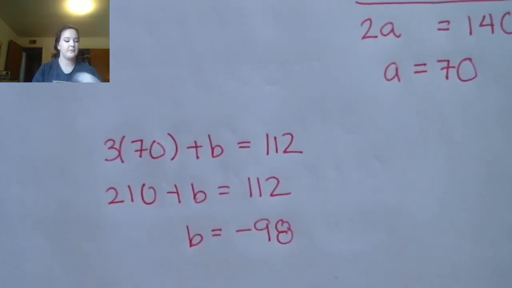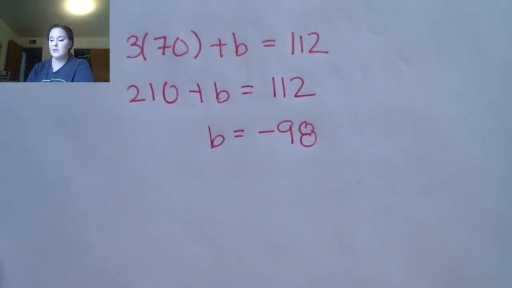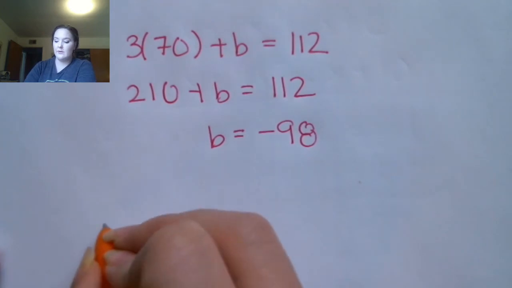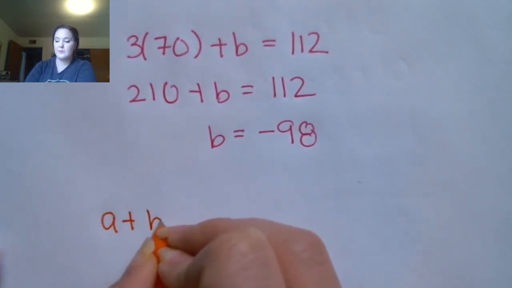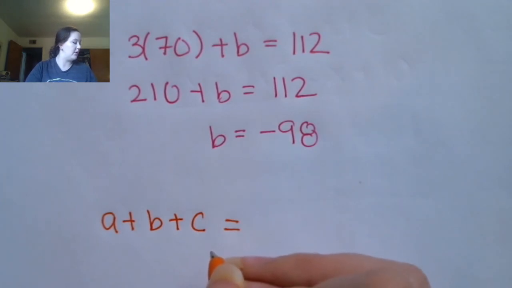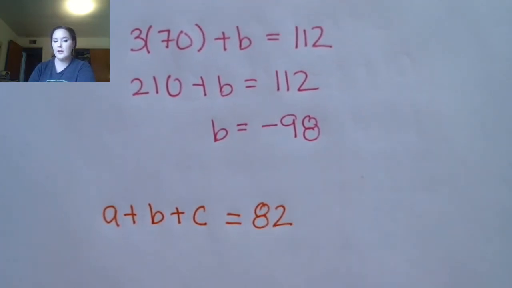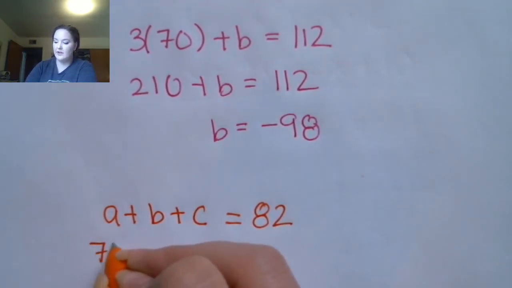Okay. And now I have to use one of my original equations that have all 3 variables to figure out the last value. Okay, so I had a plus b plus c is equal to 82. Okay, and I'm going to plug in my a and b values.